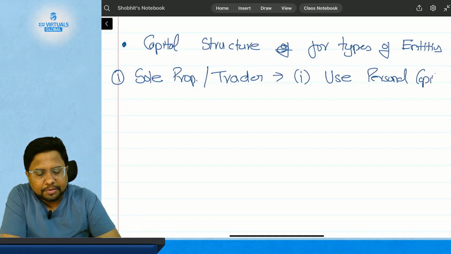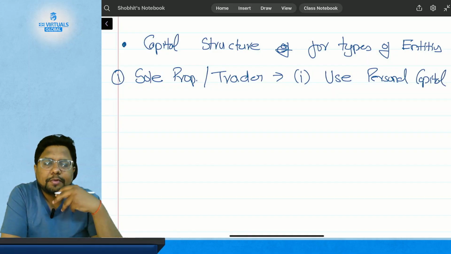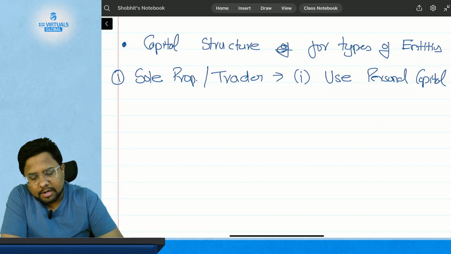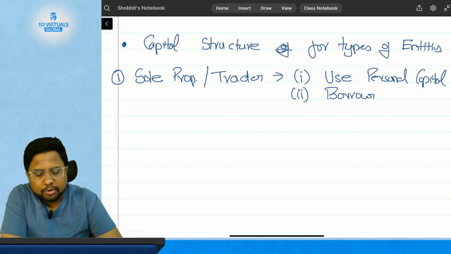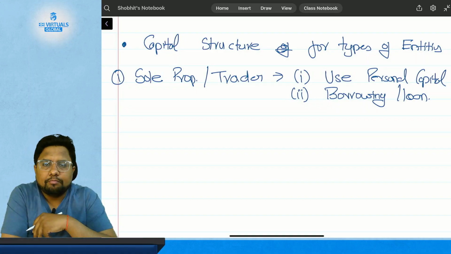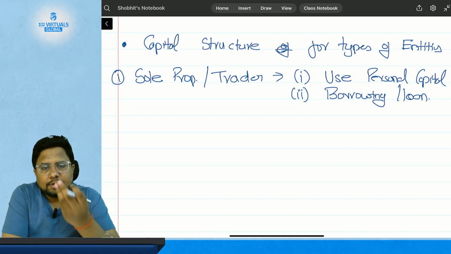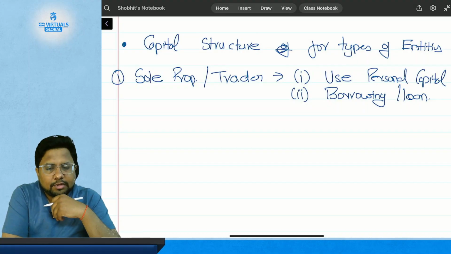Whatever amount I have, I will bring it into the business, which is my personal capital. And the second source is to take a borrowing, or you can also go for a loan from the market or from the bank. So there are two sources of capital structure, which are personal capital and borrowing from the market or loan.